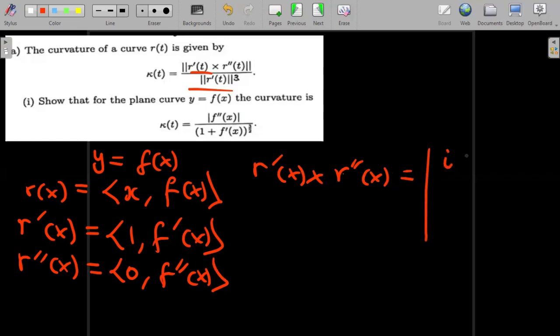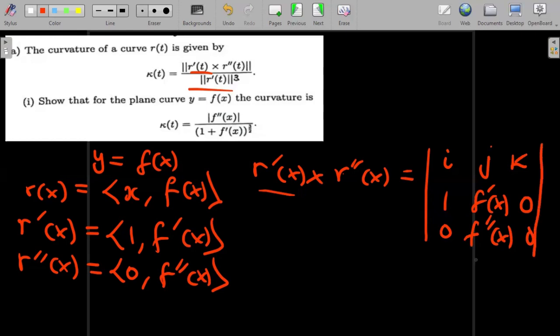Then I'll say i, j, and k as my unit vectors. Then I'll put in these vectors the way they're following each other. So I'll put in r prime first, which is 1, f prime of x. Then here I don't have any value, so I just put 0. Then the other one is 0, f double prime of x, then 0 there.